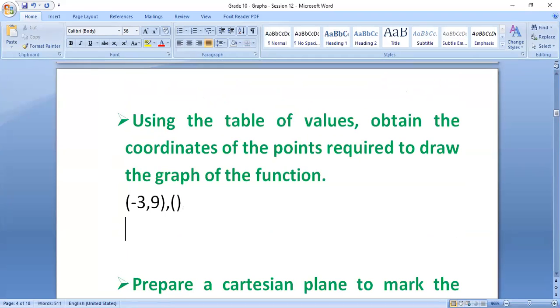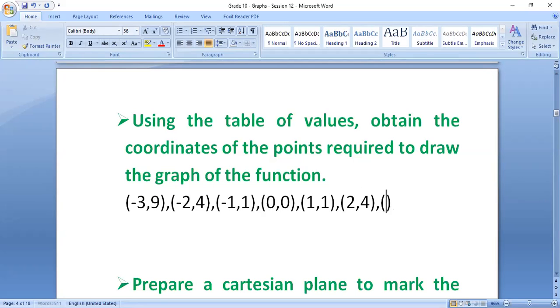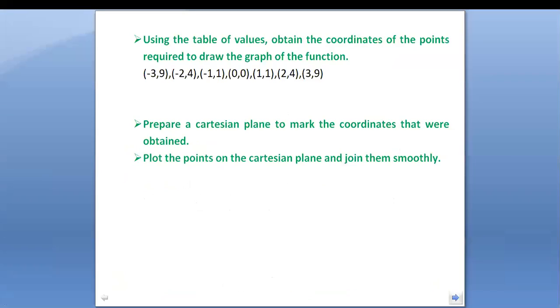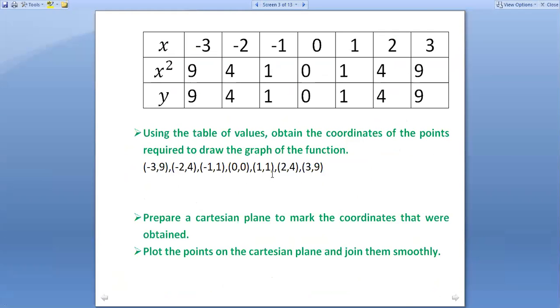Next one will be -2, +4. Next coordinate pair -1 and +1. Next one will be 0, 0. Next one 1, 1. 2 and 4. And the final coordinate pair will be 3 and 9. These are the coordinate pairs that we have to plot on the Cartesian plane.